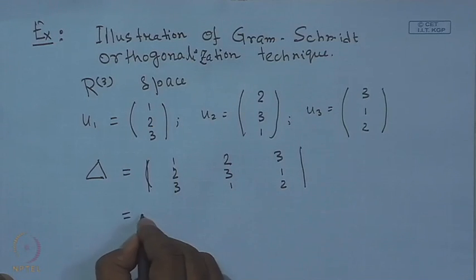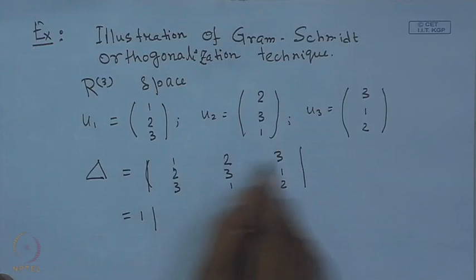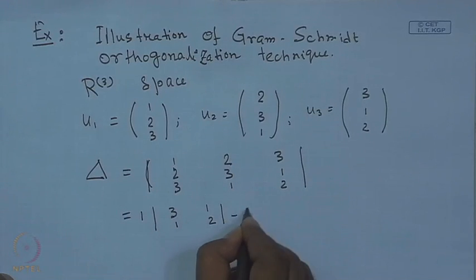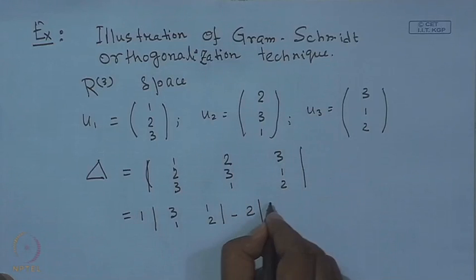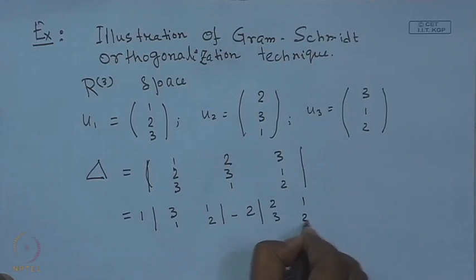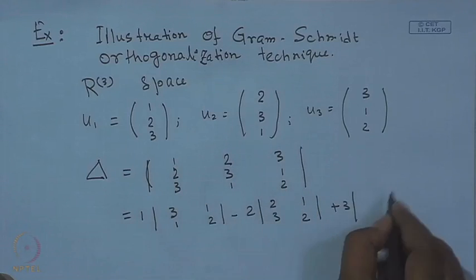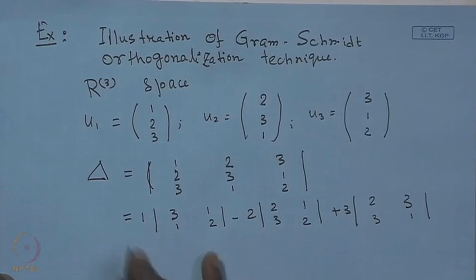If you open up this determinant, this becomes 1 multiplied by (3 into 1 minus 1 into 2), minus 2 multiplied by (2 into 1 minus 3 into 1), plus 3 multiplied by (2 into 3 minus 3 into 3). As the next step, do the internal calculations.